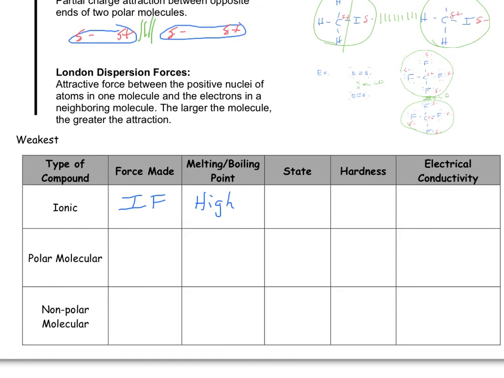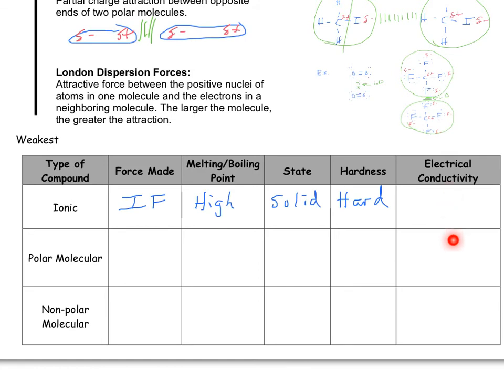Because ionic compounds have a really strong ionic force, they are all solids at room temperature. And they're also very hard when they're solids. The ions are locked in position. They can't slide past each other very easily.